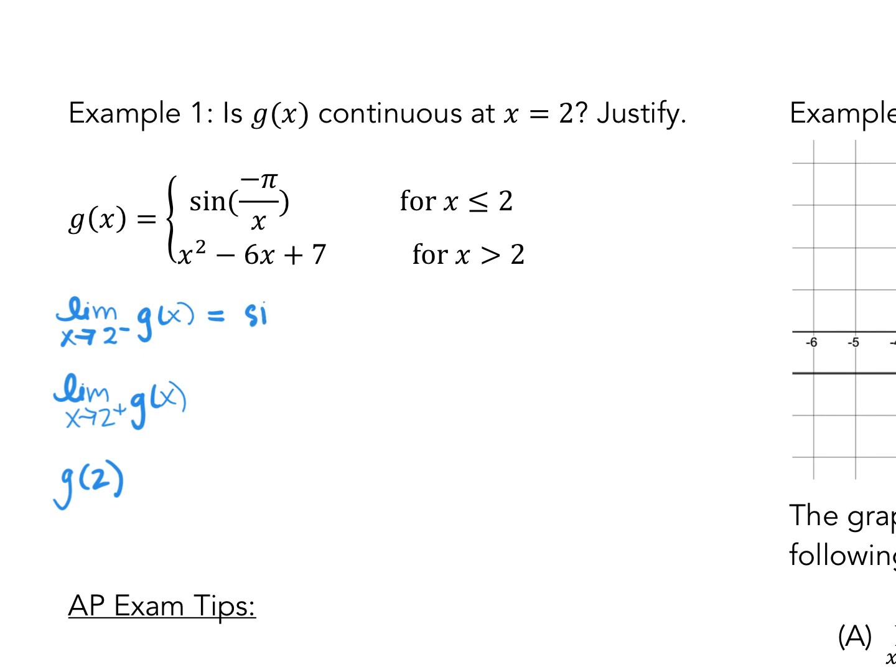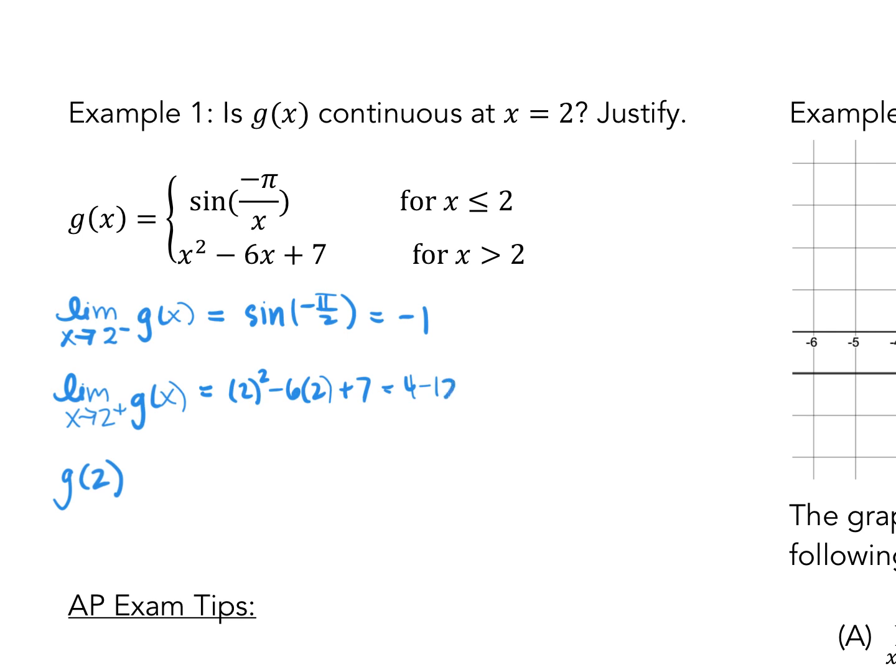So I'd have the sine of negative pi halves, and that would be a trig value you'd be expected to know. The sine of negative pi halves is -1. And then for the second value, we would check 2 squared minus 6 times 2 plus 7.